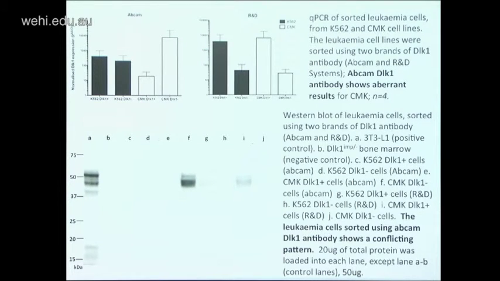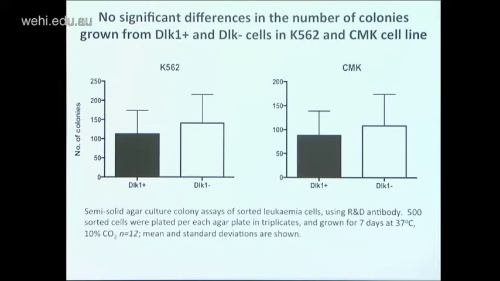And this is a Western blot showing the same result as what I've shown by qPCR. So using the RND antibody, when I look at the Dlk1 positive versus Dlk1 negative cells in the agar cultures, growing them for 7 days at 37 degrees, I found that there was no difference between the Dlk1 positive and Dlk1 negative cells in their ability to give rise to colonies.